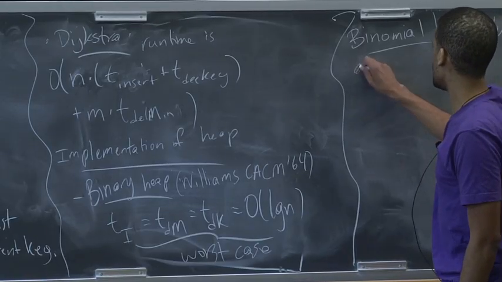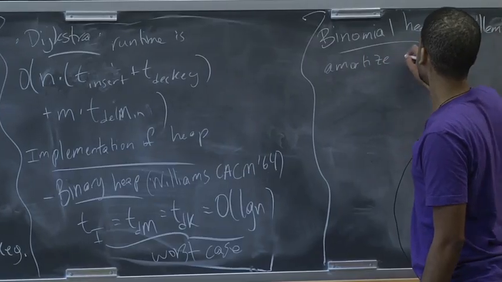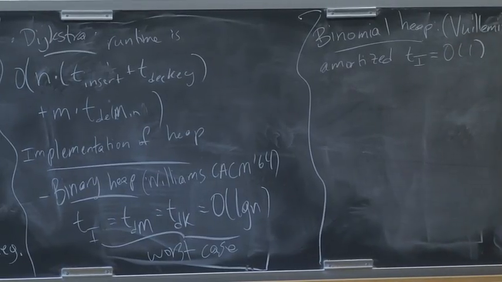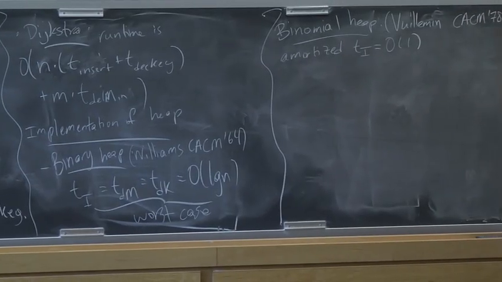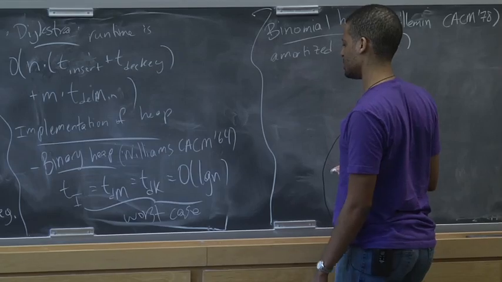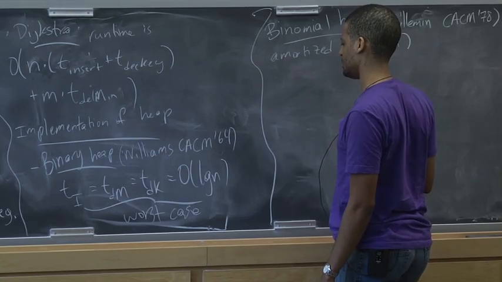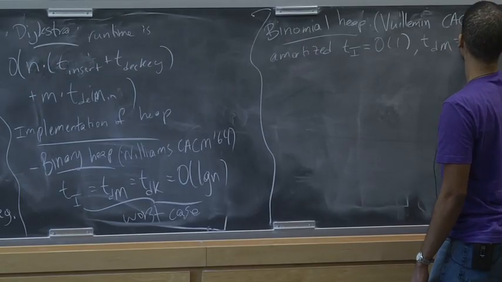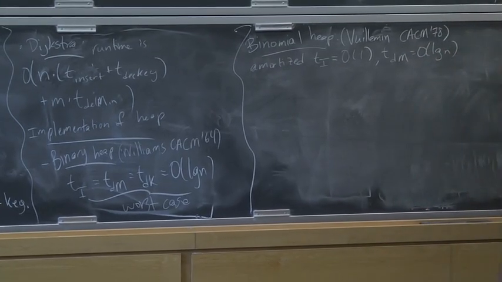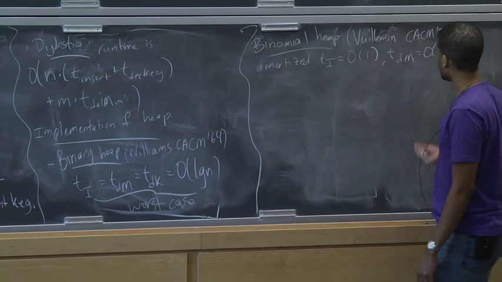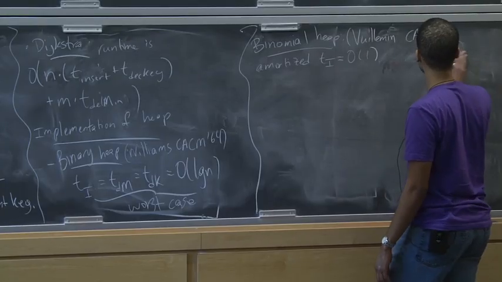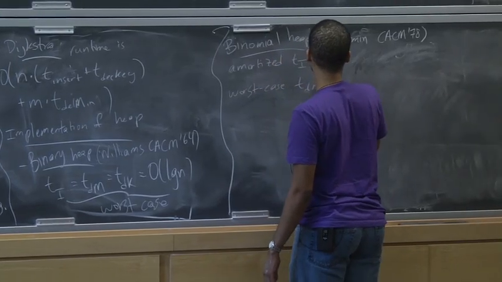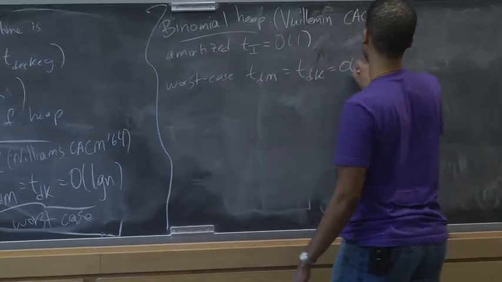He gets an amortized constant time for insert and decrease key. And also delete min is log n. I guess that's actually a worst case bound. So the other two are worst case. So worst case, the time of delete min and decrease key are both log n.